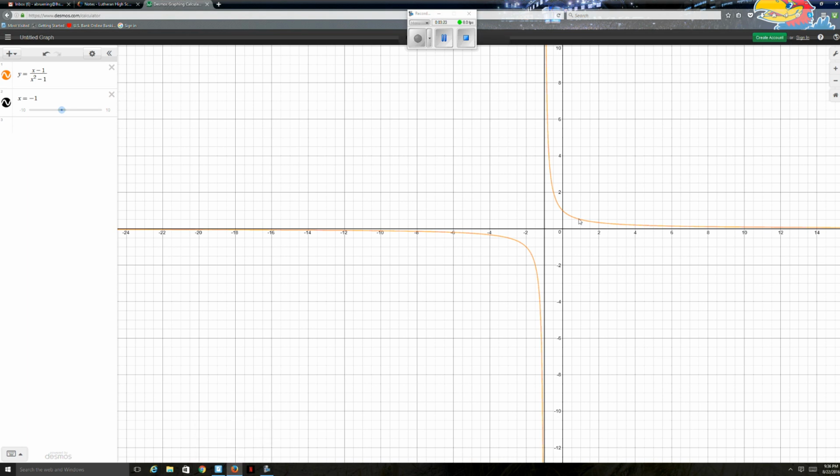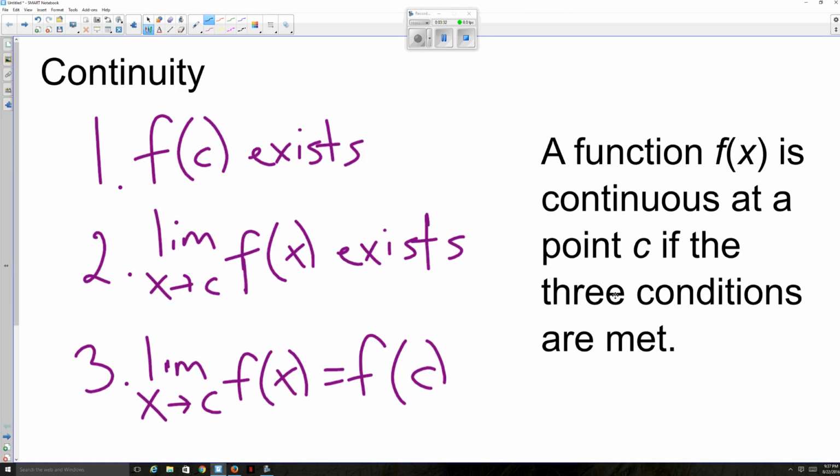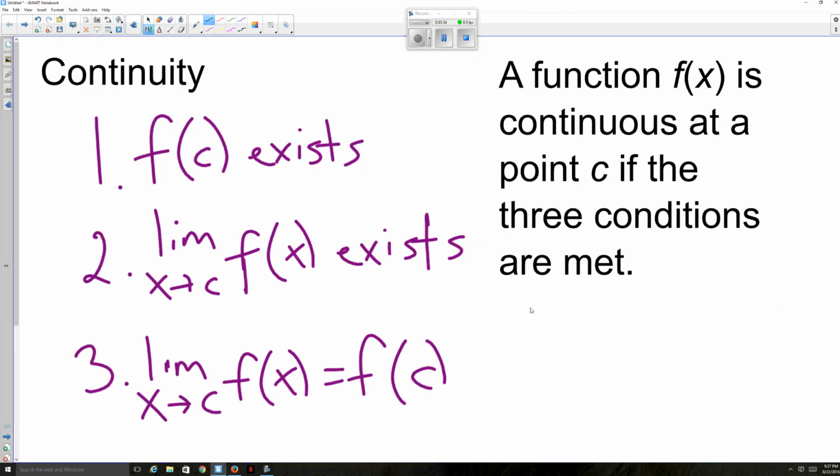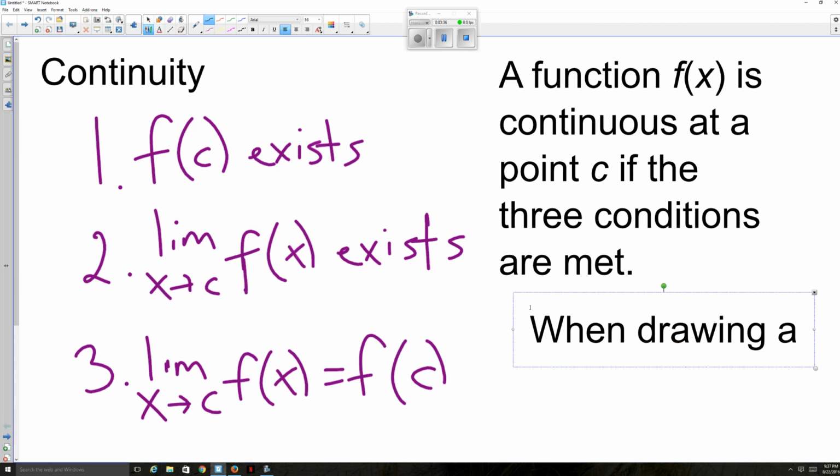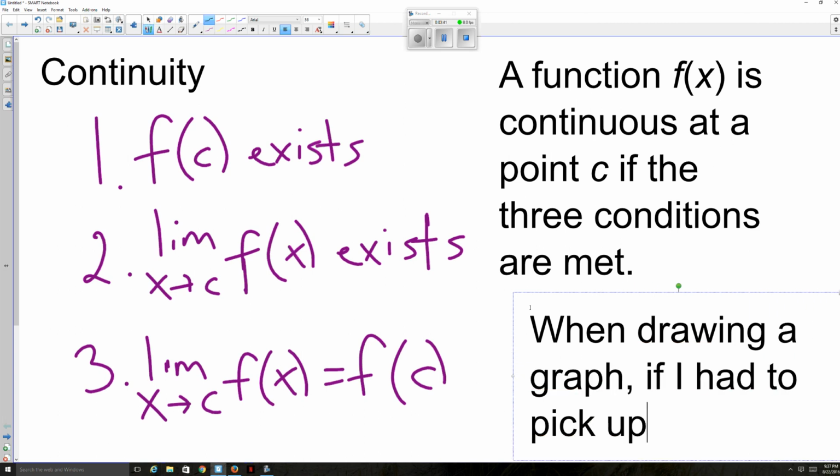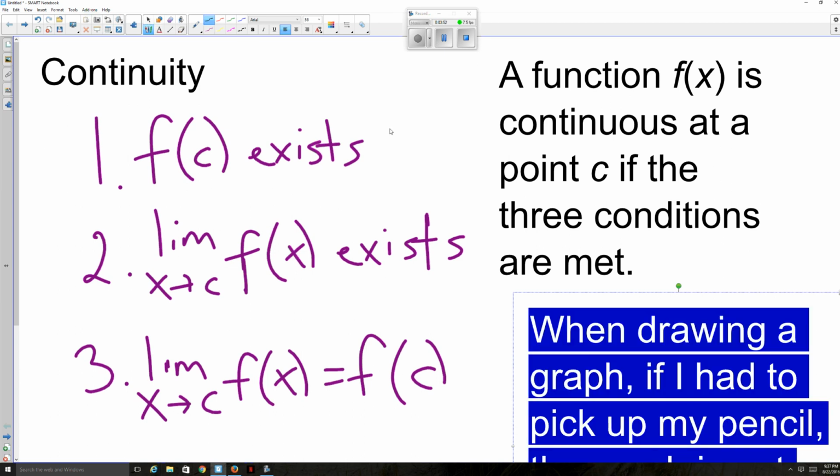Is it continuous here at 1? Well, if I were to draw this, I would have to skip over that, so I'd have to pick up my pencil. So when drawing a graph, if I had to pick up my pencil, the graph is not continuous at that point.